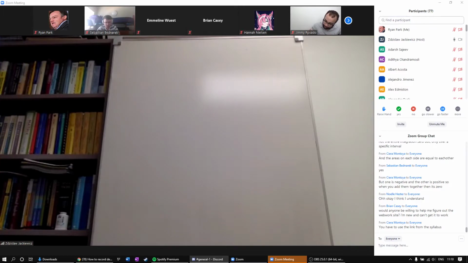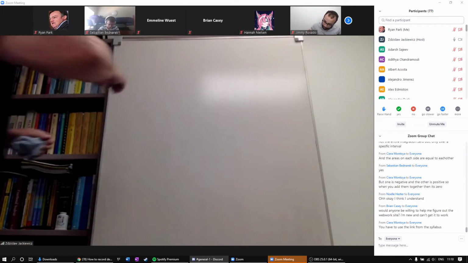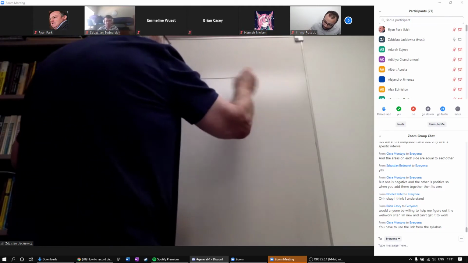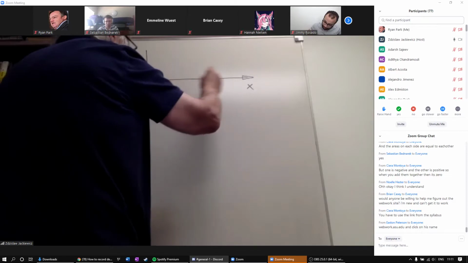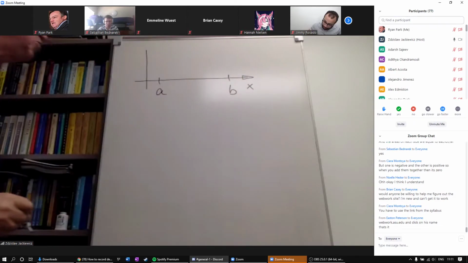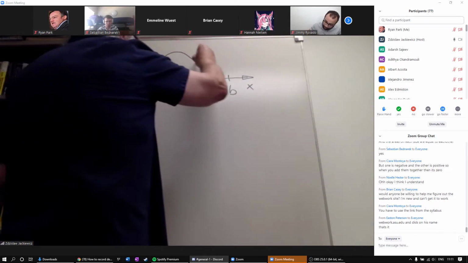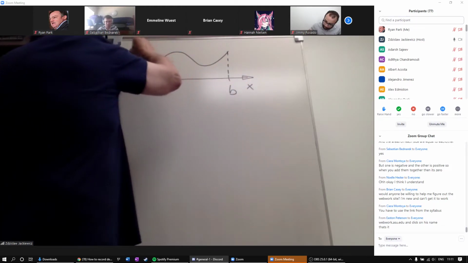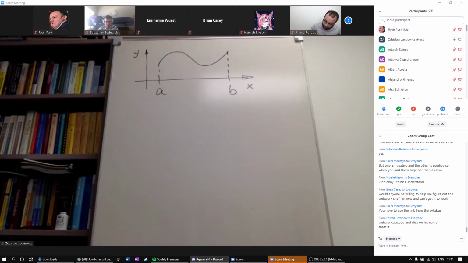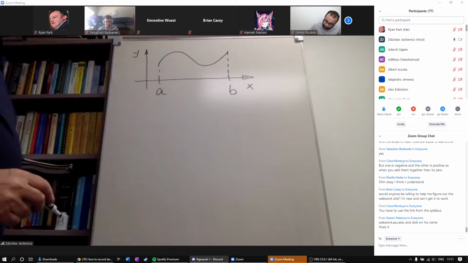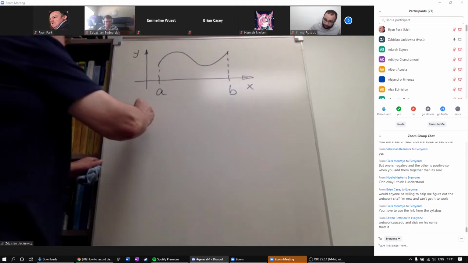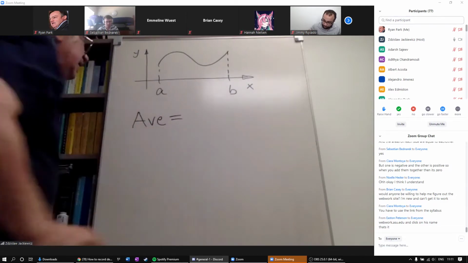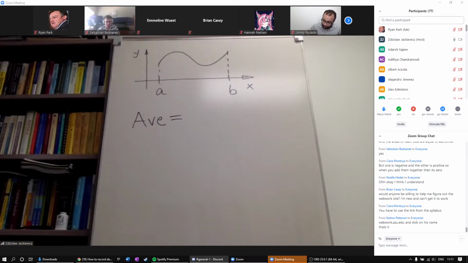So here, that's the picture. You have some function defined from a to b. Let's say that's how it looks. It doesn't have to be positive, but let's say that's how the function looks. And now, what is the average value of this function? Let's call it Eva. The definition of average value is the following.